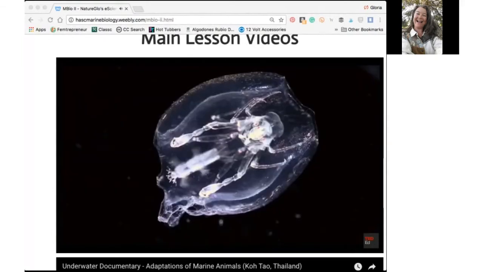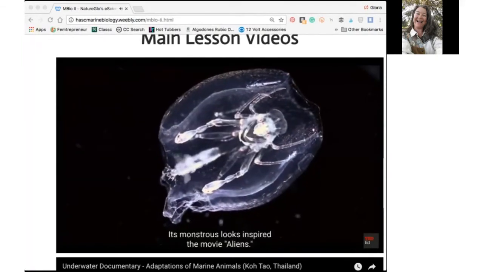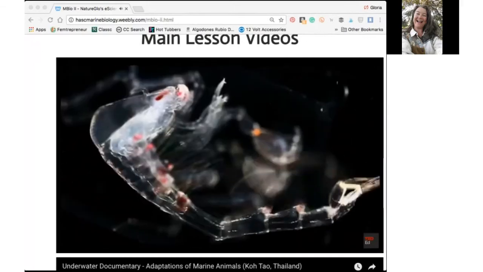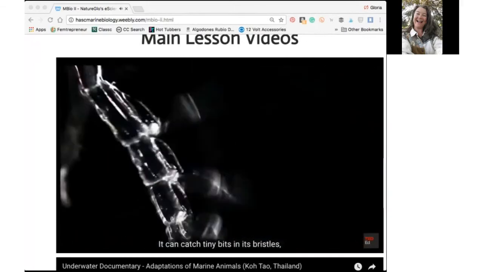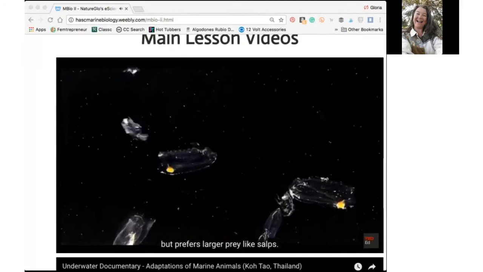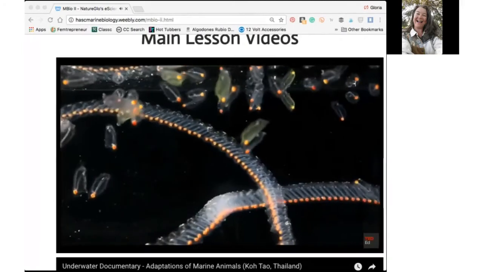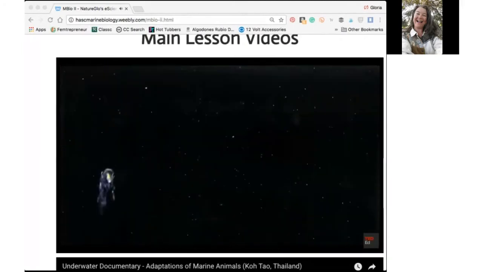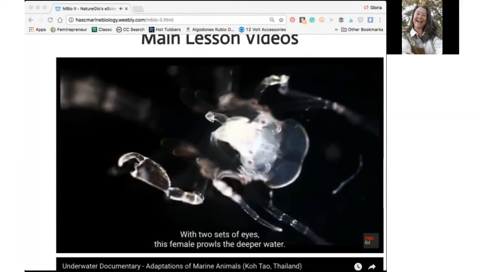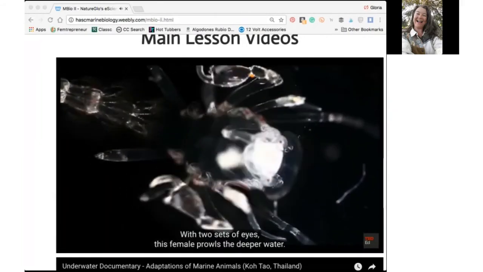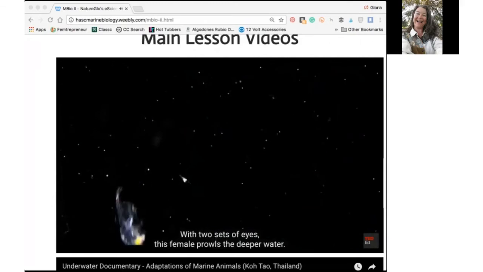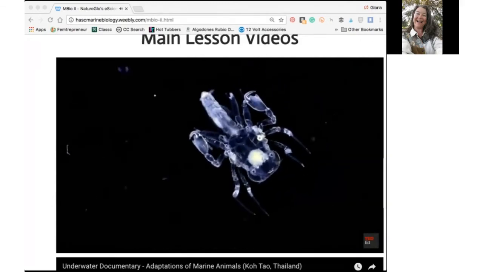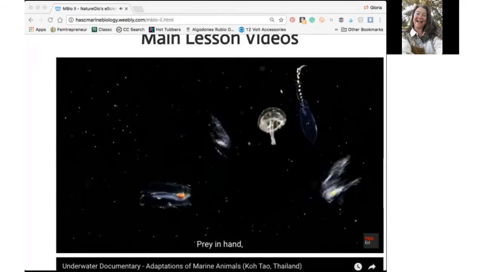With 2 sets of eyes, this female prowls the deeper water. Prey in hand, she performs one of the strangest behaviors in the entire animal kingdom. With body parts from her victims, she delicately assembles a barrel-like home, feeding her young until they can drift off and survive on their own.